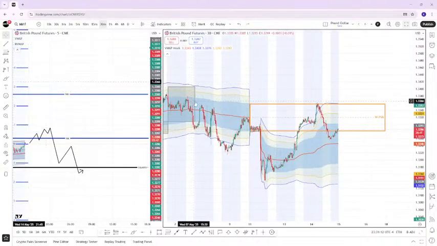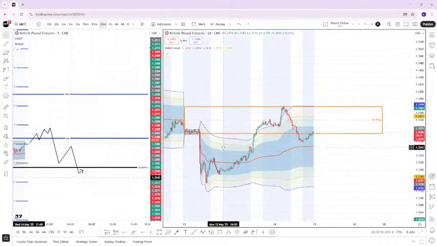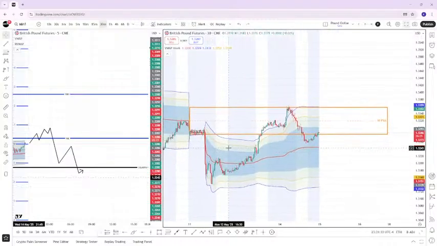And this is TPO periods, but I don't use that right now. Using the volume area, so it's a bit cleaner on the currencies. And you can draw it out however you want.